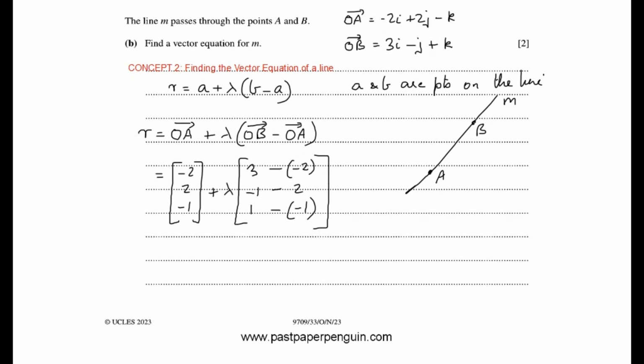So we have r is equal to negative 2, 2 and negative 1 plus lambda times 5, negative 3 and 2. This is the vector equation of line M.